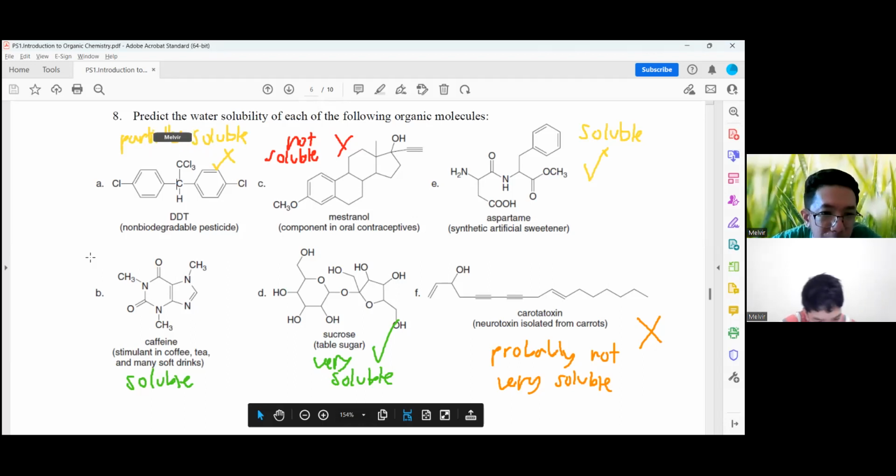Partially soluble. Okay. Final answers? Final answers na yan? Okay, check na natin.